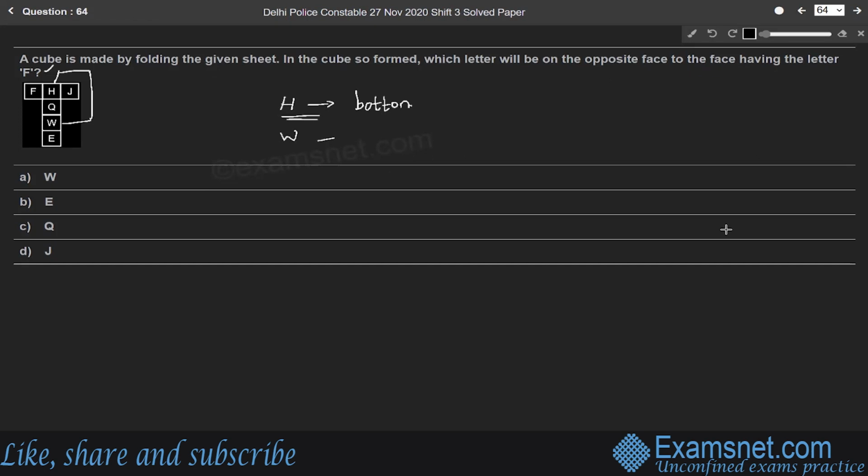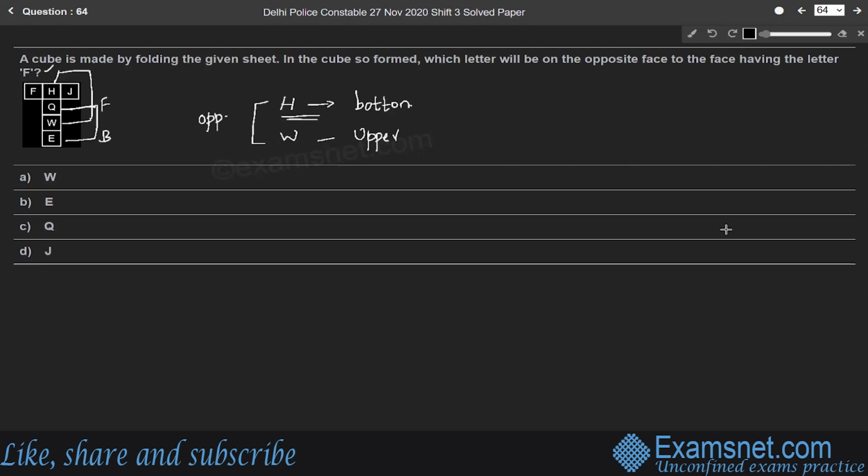W becomes the upper face. So H and W are opposite faces, right? In that case, Q will be the front face and E will be the back face.